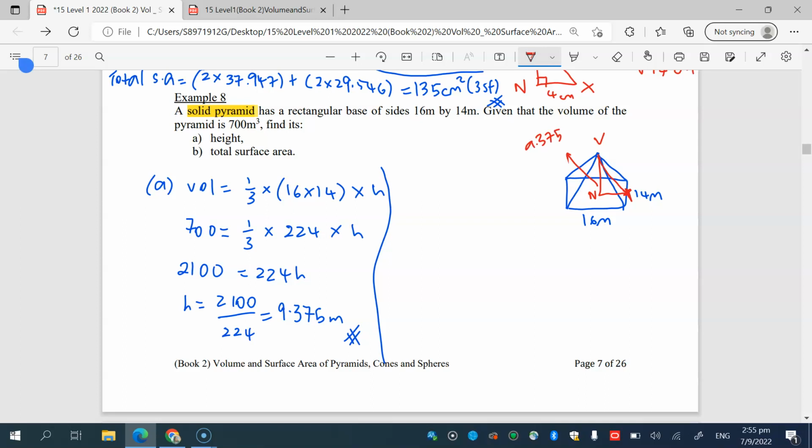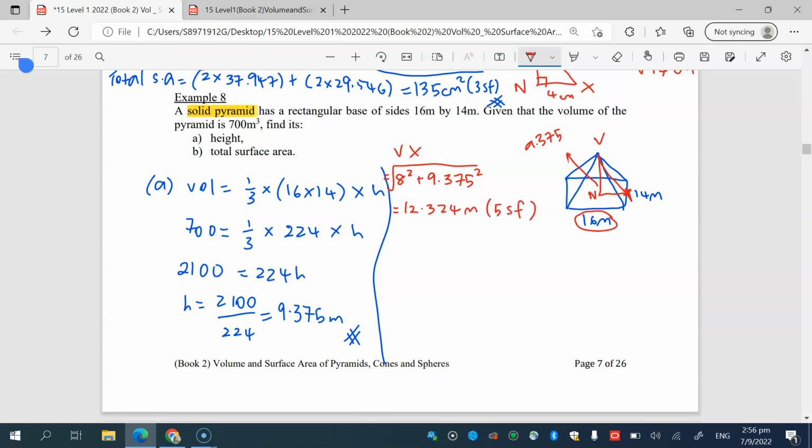Okay, to find Vx, I know Nx is 8 meters because it's halfway over here. 16 meters here divided by 2, Nx will be 8 meters. So 8 square plus 9.375 square will give me Vx, right? So I need to square root it. Vx equals to this. Alright, I press calculator and I get 12.324 meters to 5 SF.